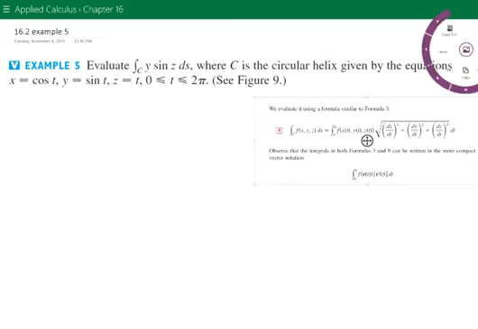That's our infinitesimal bit of arc length times dt. So we're going to just follow along with that to answer this question.